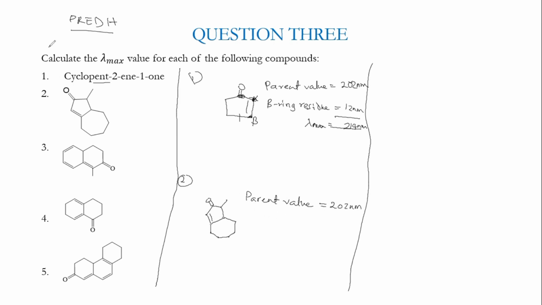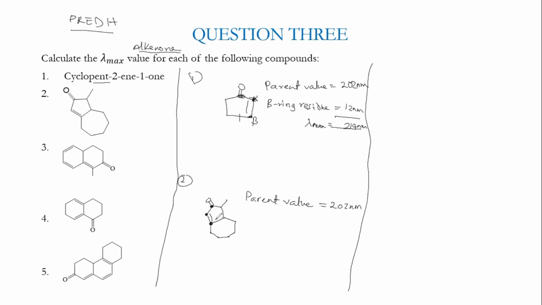And do we have the ring residue? Of course, these are the carbons, the alkanone, then the alkene. For the alkenones, of course, these compounds are all alkenones. So you identify the parent functional group.